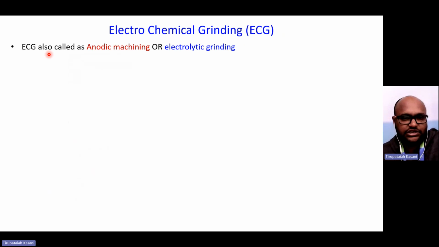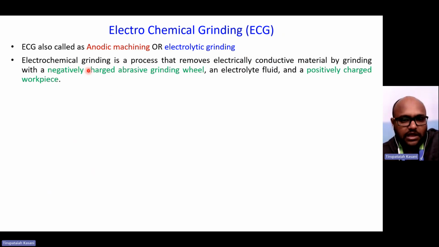See here, ECG, electrochemical grinding, also called anodic machining or electrolytic grinding. Electrochemical grinding is a process that removes electrically conductive material only, by grinding with a negatively charged abrasive grinding wheel, an electrolyte fluid, and a positively charged workpiece.